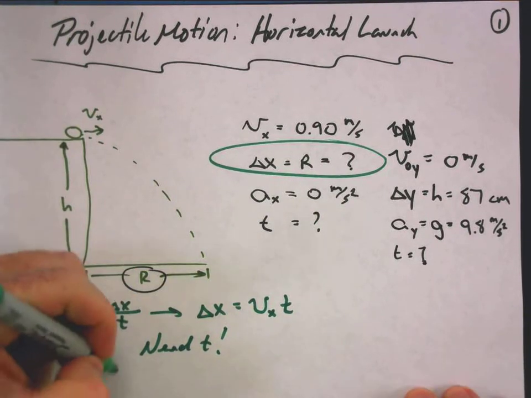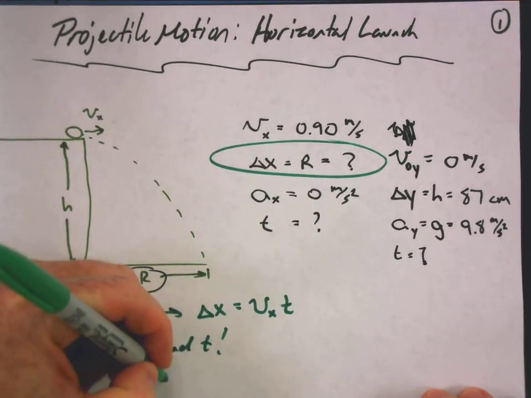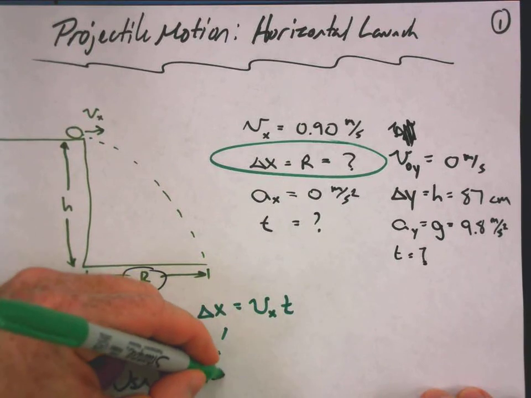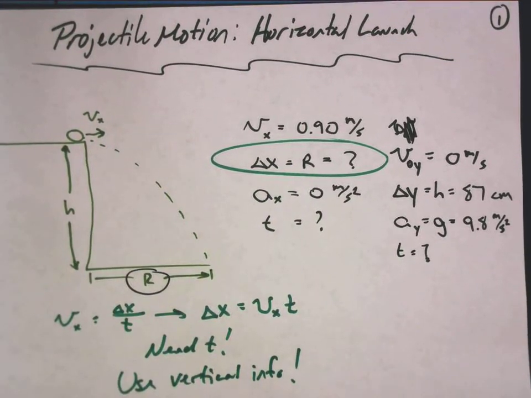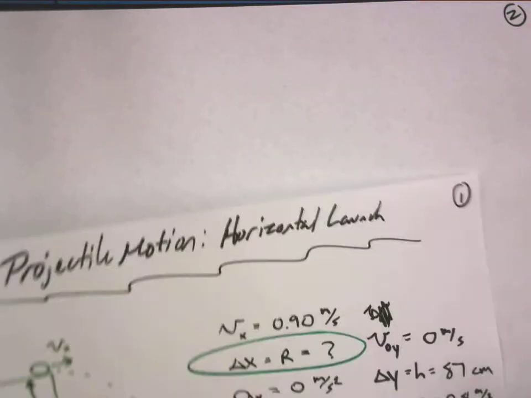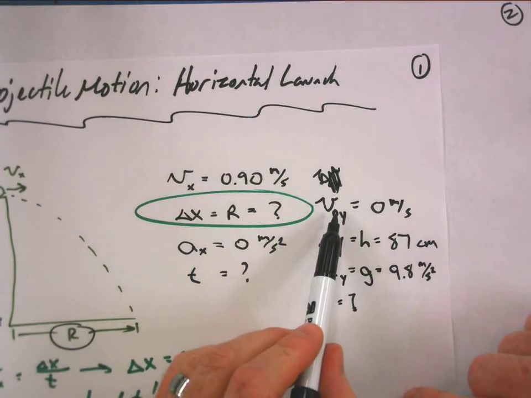So we'll use our vertical information. That's what we're going to do. So here we go. Our vertical information. Well, let's see. We have vertical initial velocity.